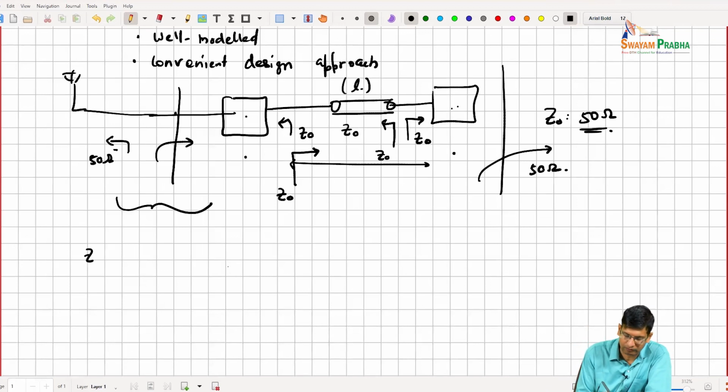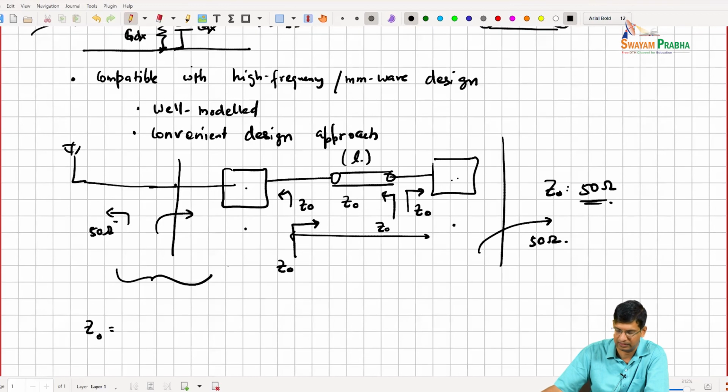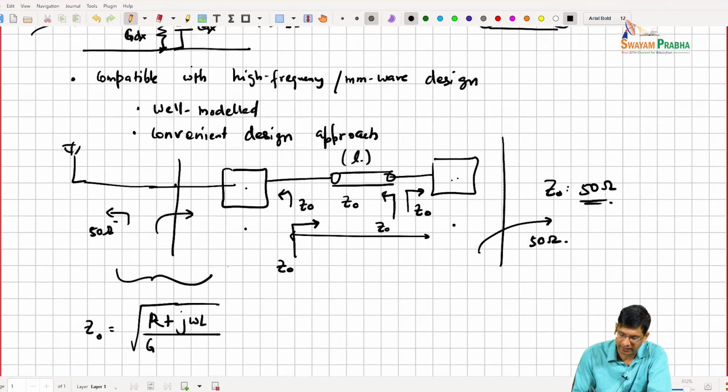given this, we also know that for a transmission line, which is modeled like this with unit inductances, capacitances, resistances, and admittances, the Z0, to be completely accurate, is the square root of (R plus j omega L) divided by (G plus j omega C), right?